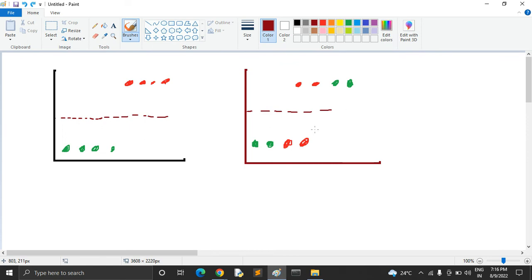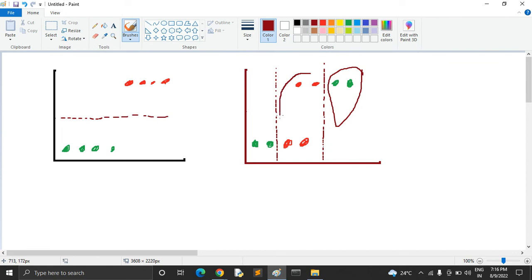What decision tree does is it will create not one but multiple decision boundaries so that it can classify the data points correctly. Now if you see these two decision boundaries, in this particular region there is no data point which belongs to some other category rather than green.